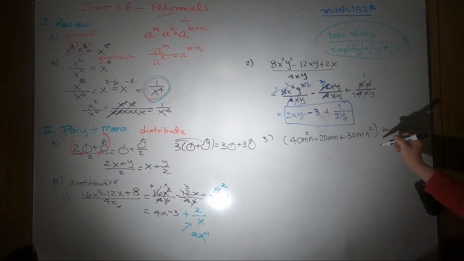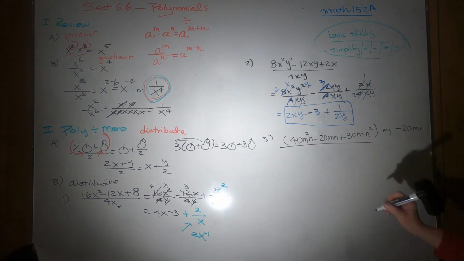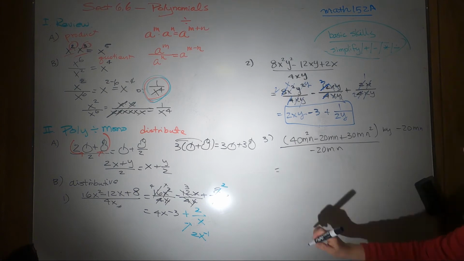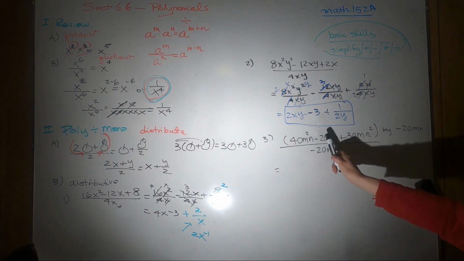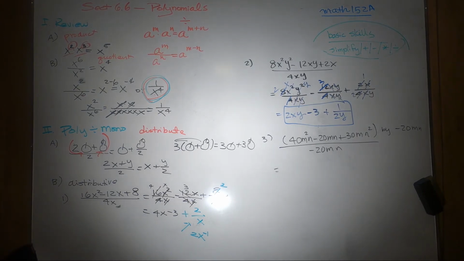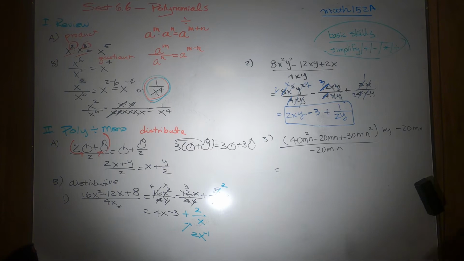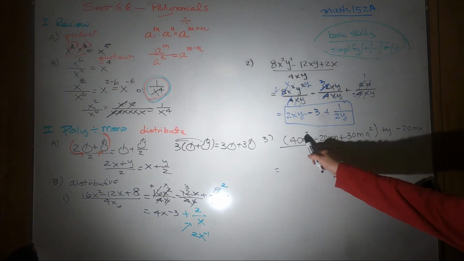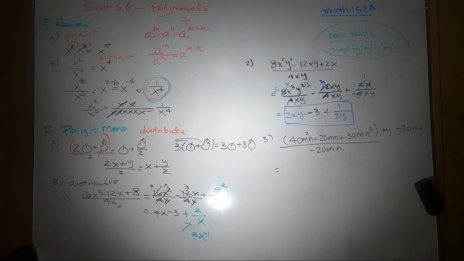It means what? You need to divide this whole thing by 20mn, right? That means what? You have 3 terms divided by 1 term. You should write it what? Separately. You should distribute your new denominator to everyone in the numerator, right?